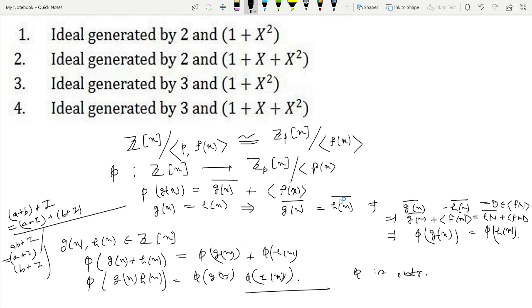So now we are going to use the first isomorphism theorem for rings.